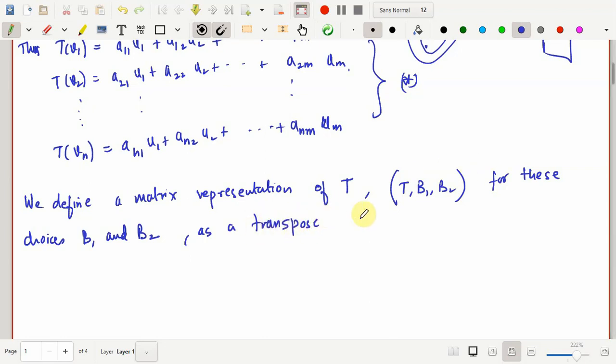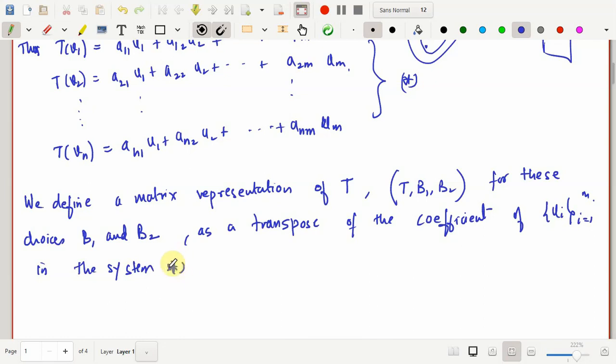And the matrix is defined as the transpose of the coefficient of these u_i's, where i is varying from 1 to m, in the above system, the system star.